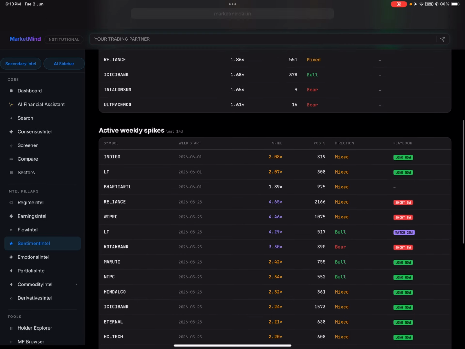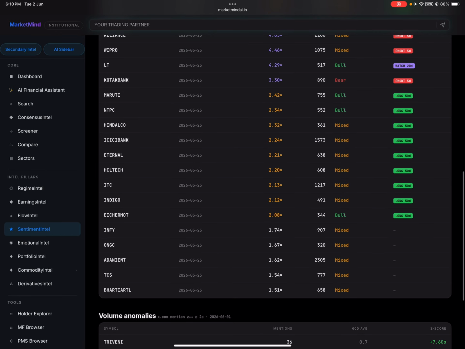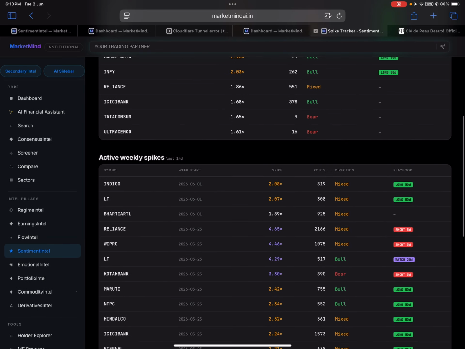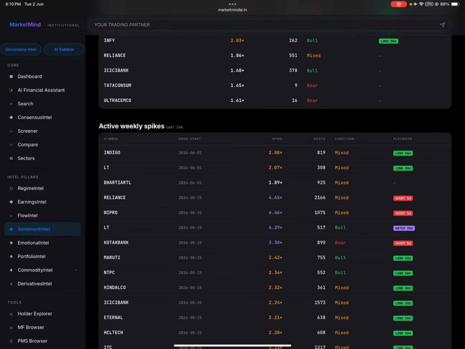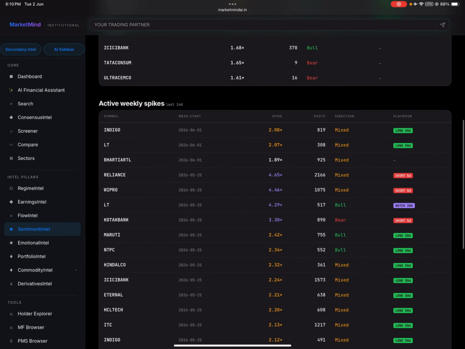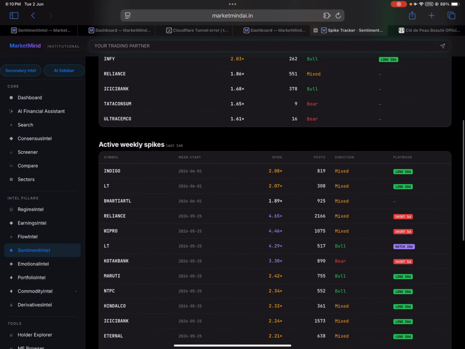So we have the dates listed here such that you know how long the holding period is, because as you can see here we have, for example, Indigo at the top here, and it's for the week starting 1st of June, so that's this week, and it's going to stay long for 50 days based on the current spike in the mixed direction in its social media chatter.